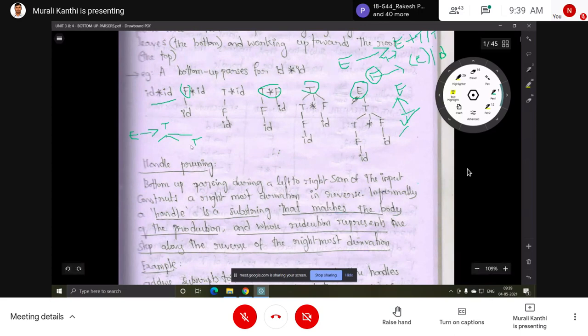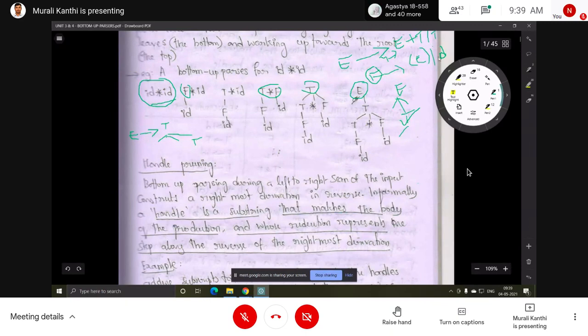Informally, a handle is a substring that matches the body of a production. Here the main string is id into id. Now we have to see the grammar productions. There are many productions. Which body is matching, which right hand side?